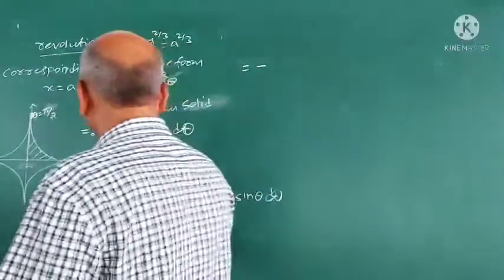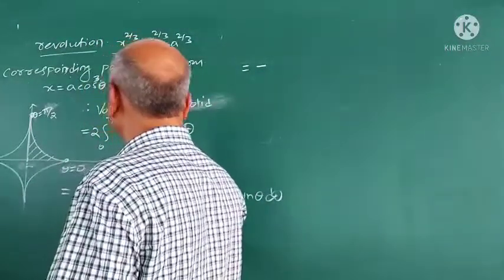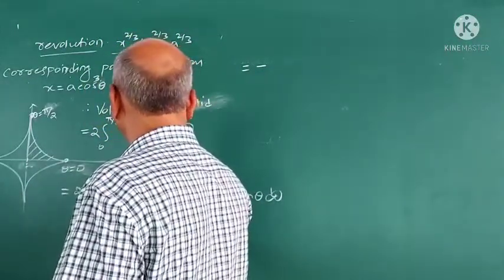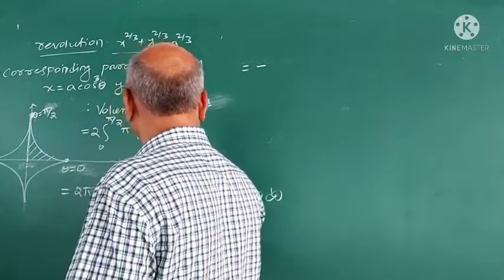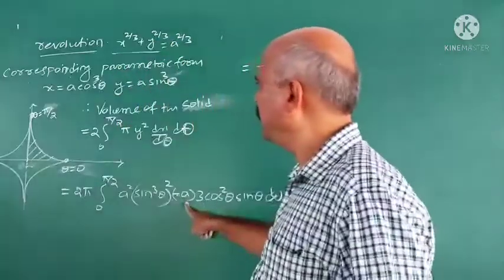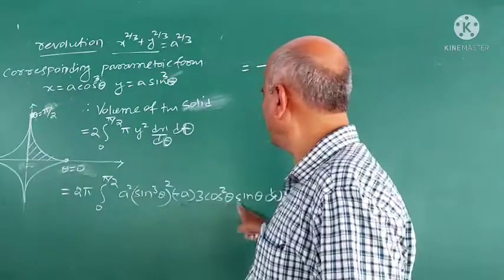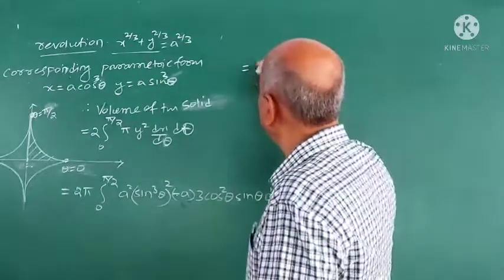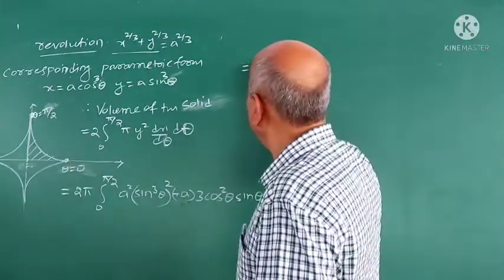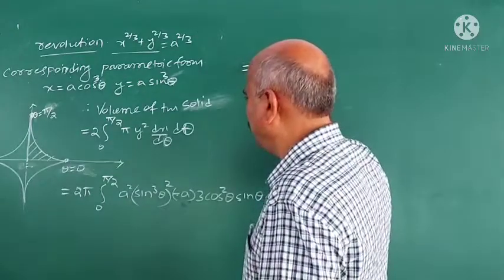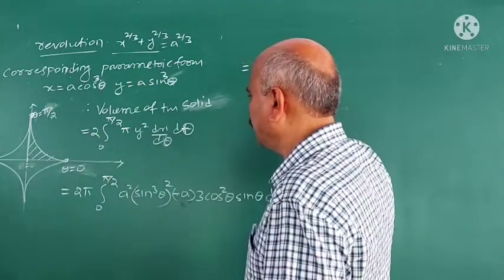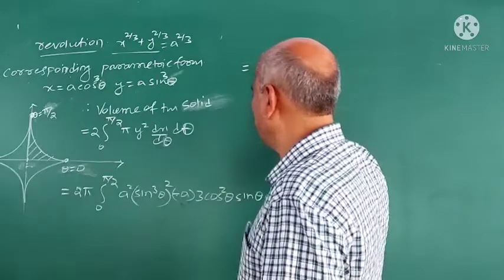0 to pi by 2, a square sin cube theta square, y square dx by d theta, minus a 3 cos square theta sin theta d theta. Therefore it is 2 pi, what is the constant term?